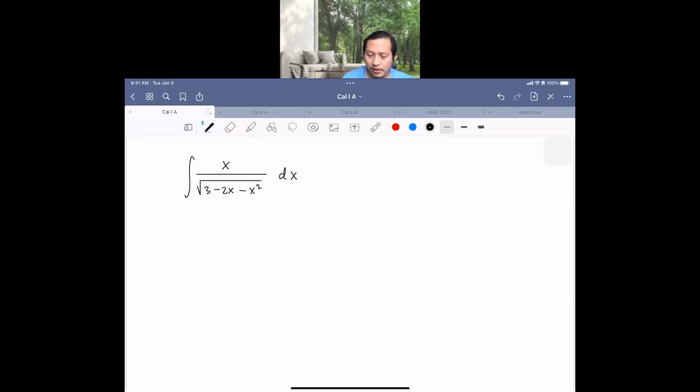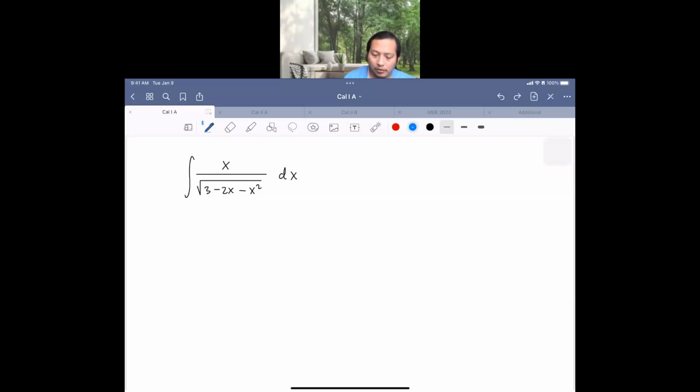If you look at this function, perhaps you think we need to substitute here, and it becomes 2x minus 2, but it doesn't really correlate with x, right? We cannot do anything about that. So what can we do to solve this?